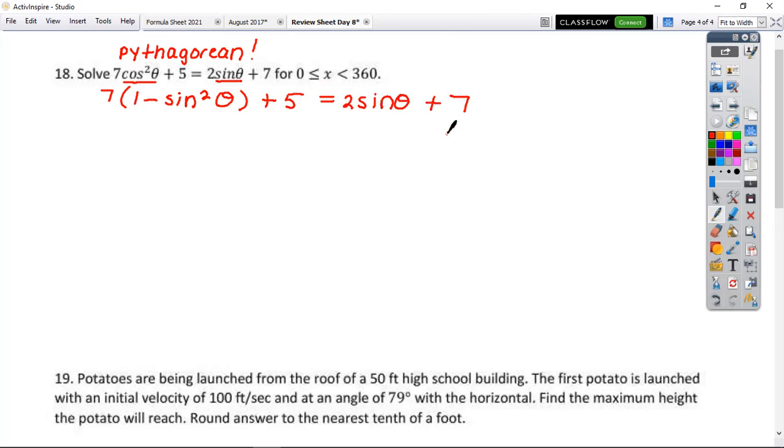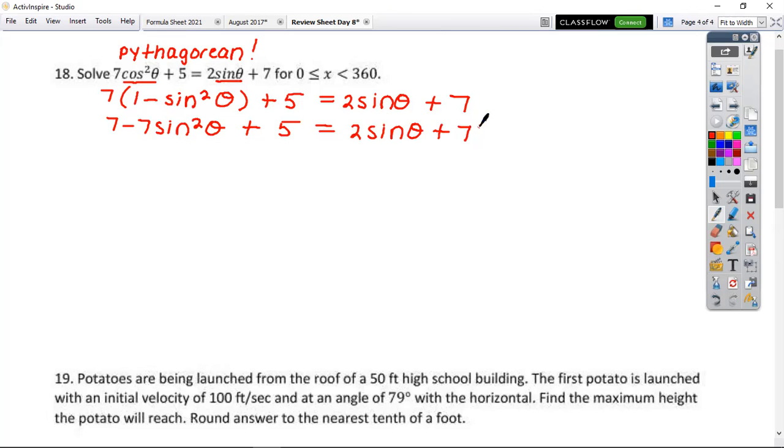Again, these are your questions that can yield a maximum of 4 answers. So now you're going to distribute. So I get a 7 minus a 7 sine squared theta plus 5 equal to 2 sine theta and then plus 7.